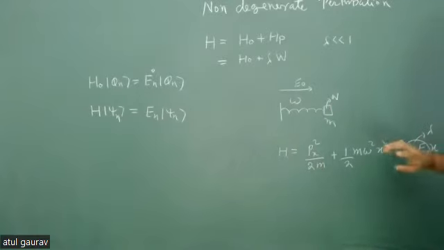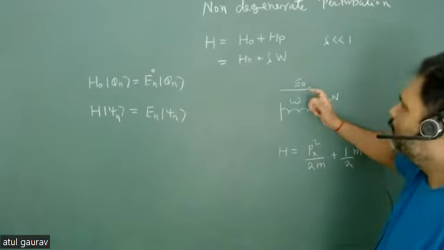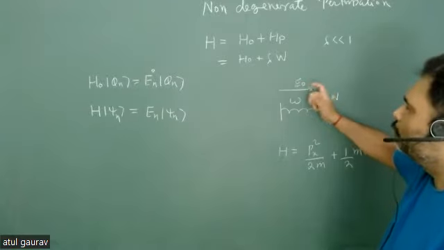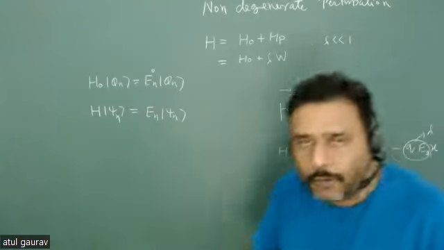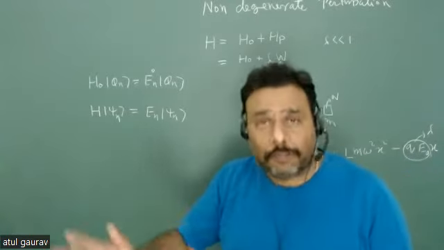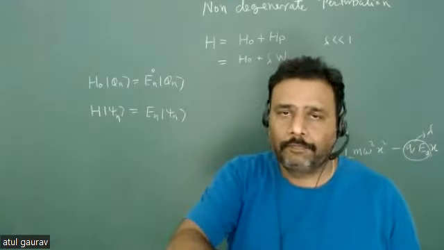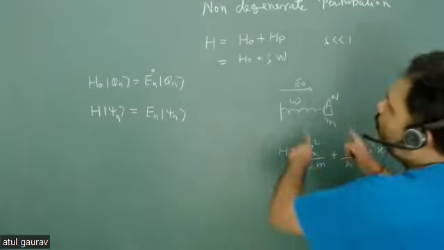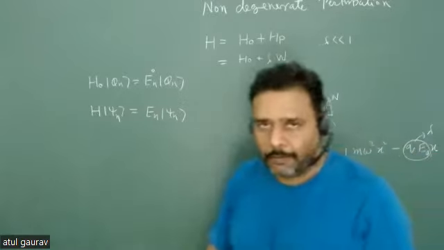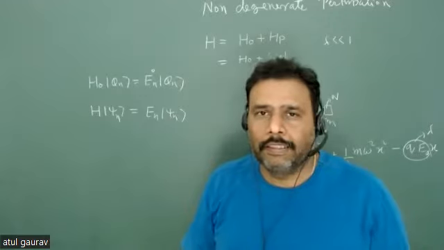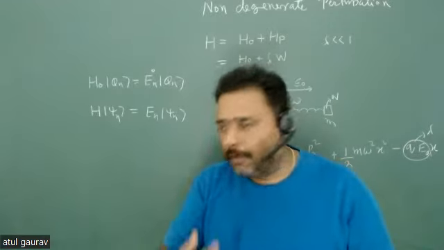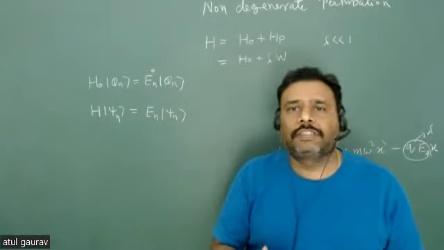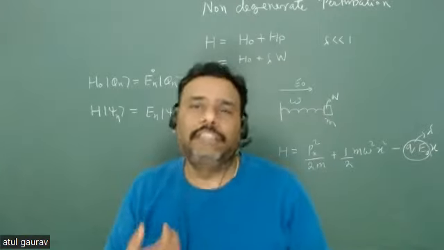This value should be some numerical value that will preserve the harmonic or oscillatory nature of the system. Then only can we use this perturbation theory. Are you getting my point? That means the original essence, the original nature of the system should not be changed.